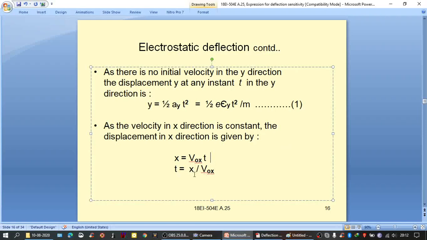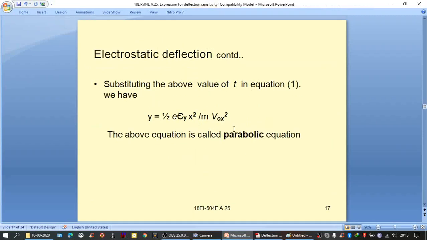Vox is the initial velocity, x is the displacement in x direction. So let me rewrite this t with x by Vox in this equation. Then what the equation appears here now? Half E Ey by m into x square by Vox square.